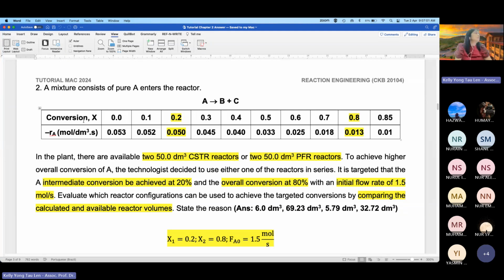You remember, the table will provide us with 2 pieces of information, which is X and its corresponding minus RA. Meaning, if let's say your minus RA is 0.2 from this table, then subsequently its minus RA is 0.050, and so on. Using this information, we were able to calculate the volume of the reactors, be it single reactors or reactors in series. That was what we solved yesterday.